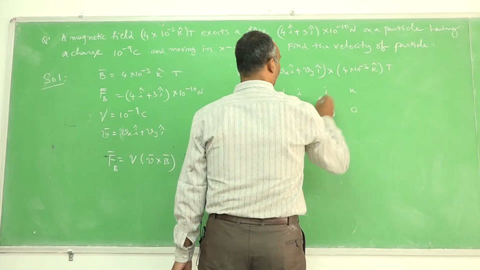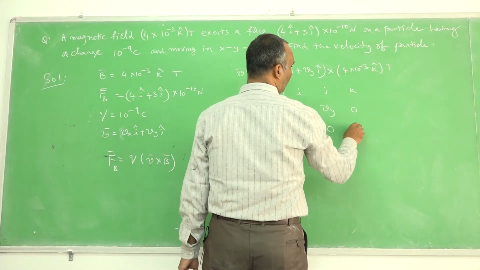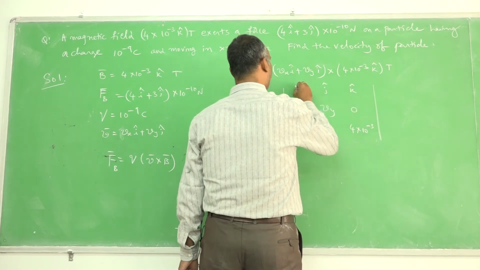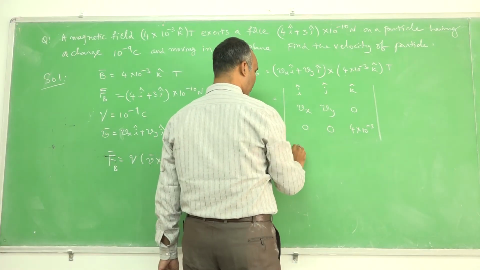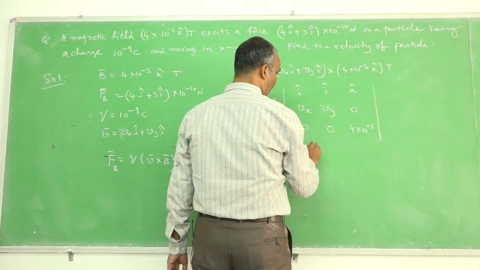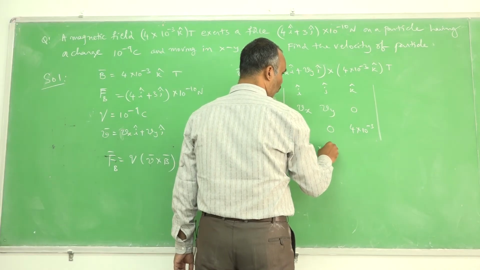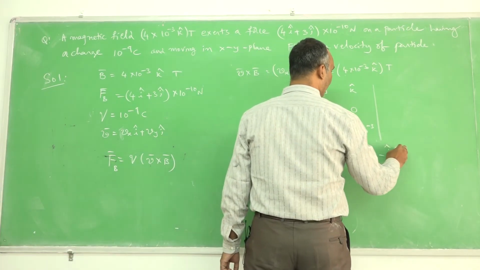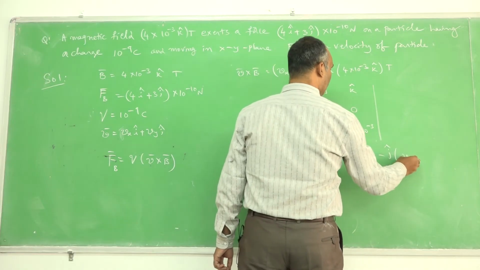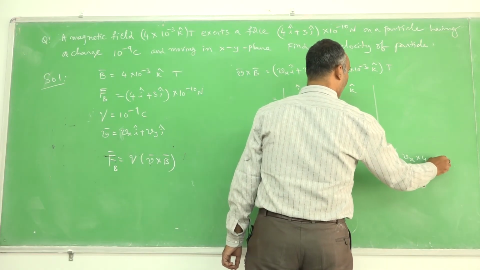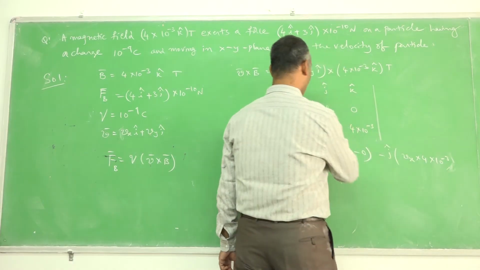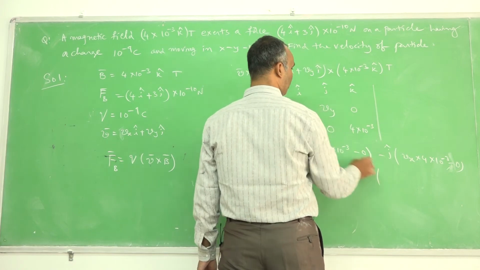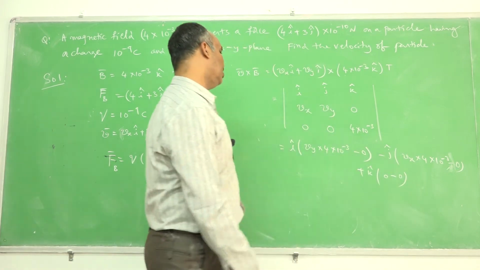In case of magnetic field, no x component, no y component, only 4 into 10 power minus 3 z component, k cap is available. If you expand the determinant: i cap into Vy into 4 into 10 power minus 3 minus 0, minus j cap into Vx into 4 into 10 power minus 3 minus 0, plus k cap into 0 minus 0. This is the expansion.